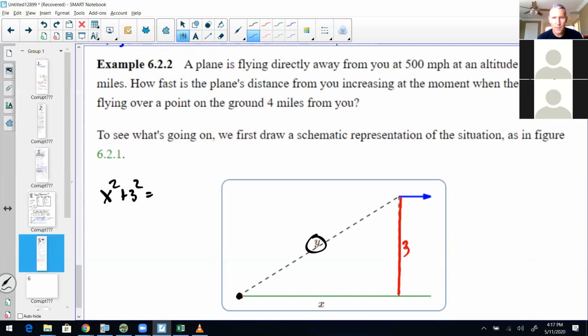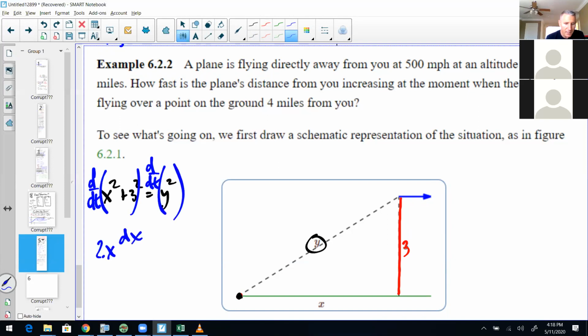I always call the vertical y and then the slant z, it just makes more sense to me, but whatever. They call this y, so I'm going to call that y over there. Then I would differentiate with respect to time to get 2x dx/dt equals 2y dy/dt.